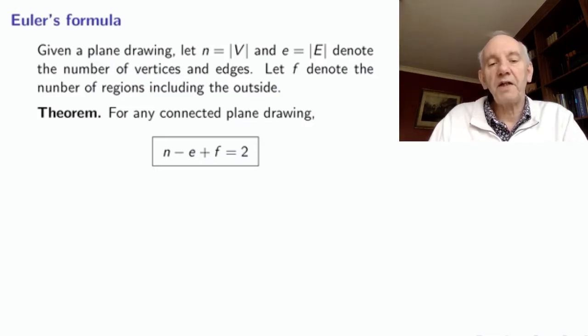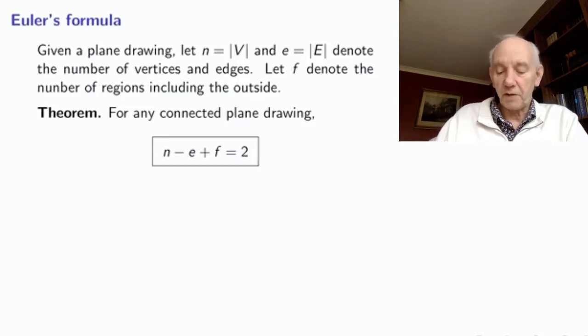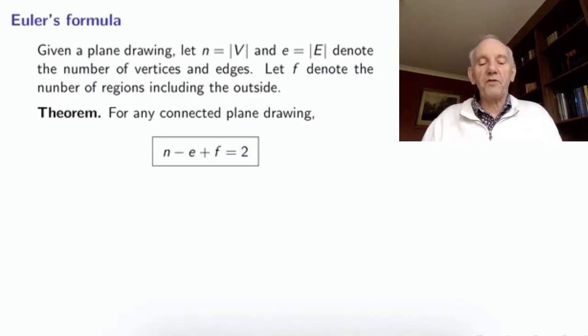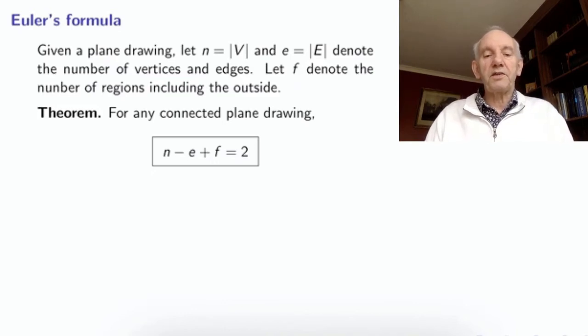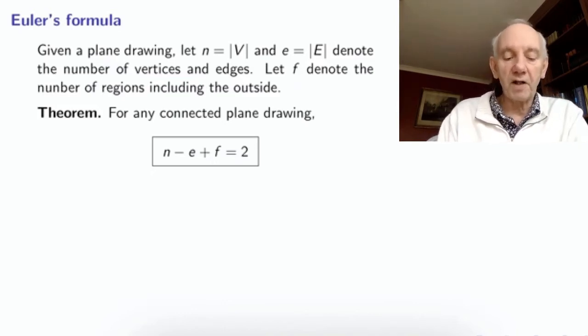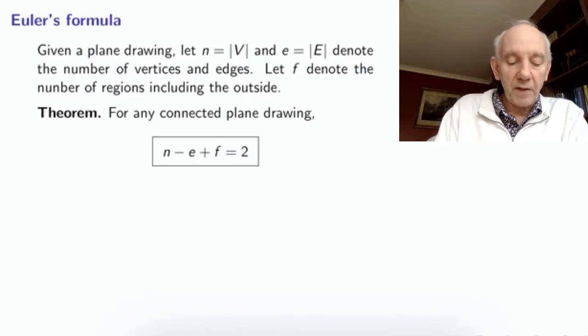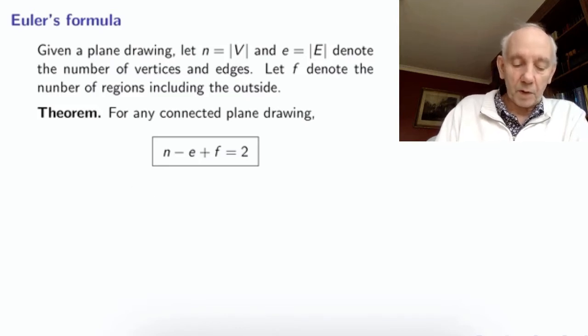And I'm actually going to verify it for the football. So if we consider the case of the football, you need to do a little bit of extra work. But for the football, let's see, we have n, the number of vertices.